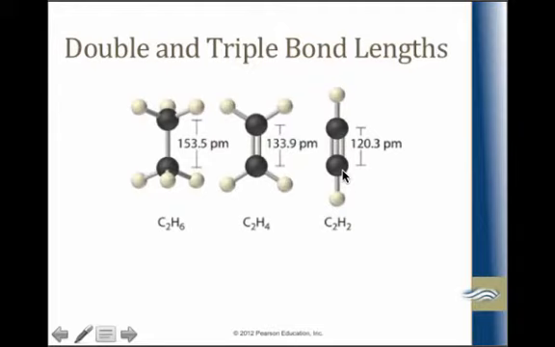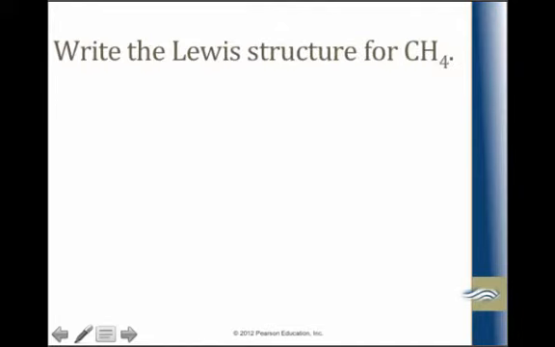Besides shortening, you also have a loss of flexibility as we form double and triple bonds. It becomes rigid and very electron rich, and those factors become important in determining where there are electron-rich regions in a molecule. Let's now create some molecular structures using the Lewis method.